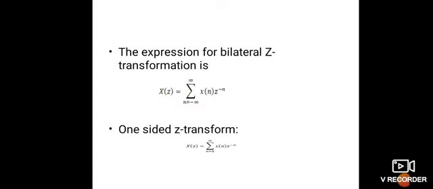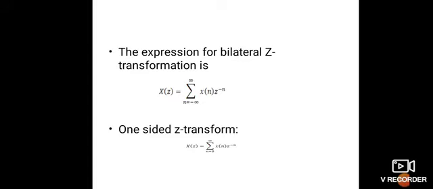So what is the expression of the bilateral Z transformation? In the signal range there are two sides, the positive side and the negative side, and in the case of bilateral Z transformation I am considering both sides, from minus infinity to plus infinity.